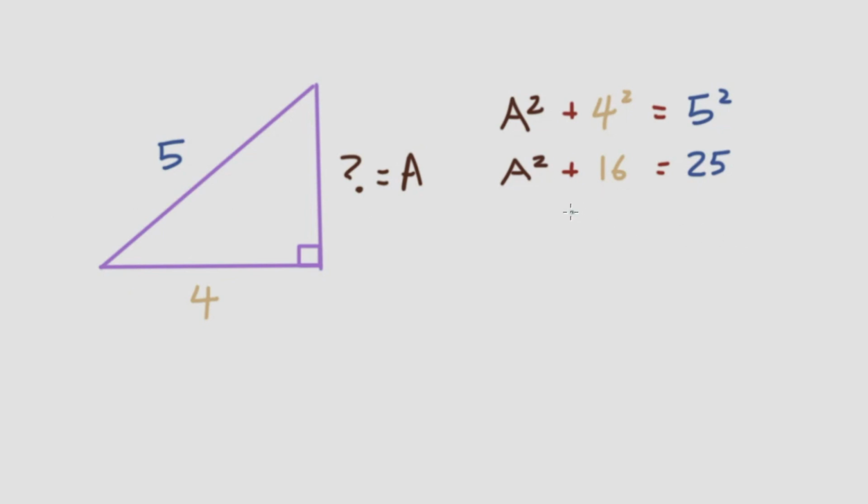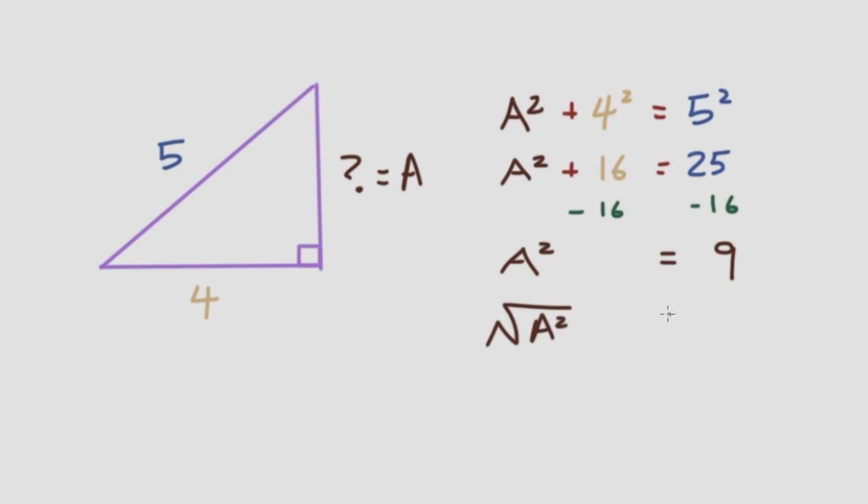So what we can do is subtract 16 on both sides. After we subtract 16 on both sides, we have A squared by itself on the left. So A squared is equal to 16 minus 16, 0, so I don't write that at all. And 25 minus 16, what would that be equal to? Well, that is 9.